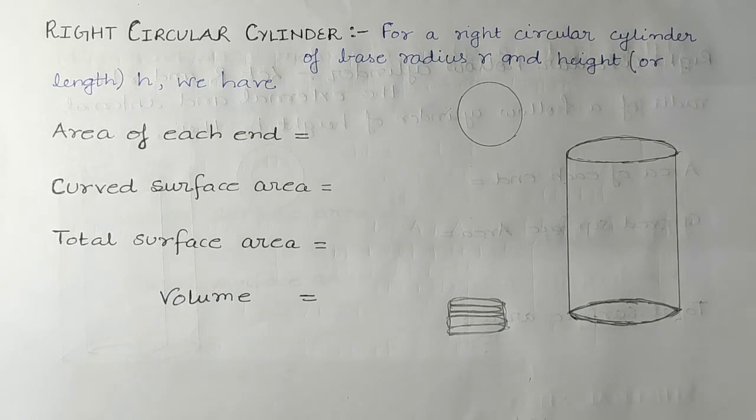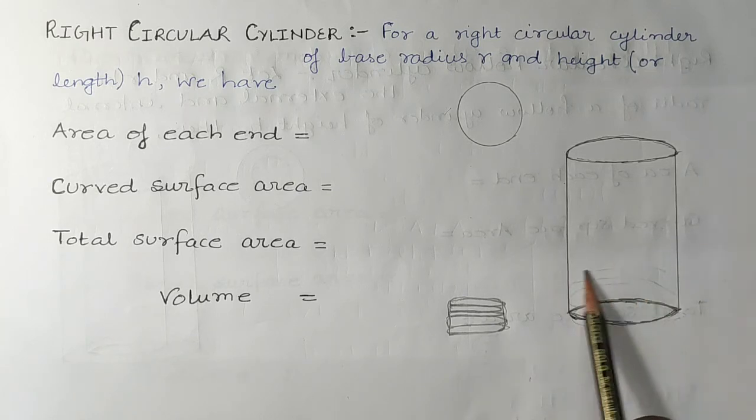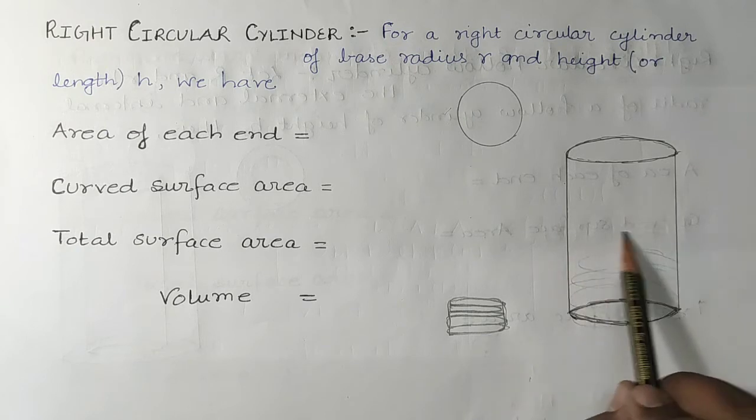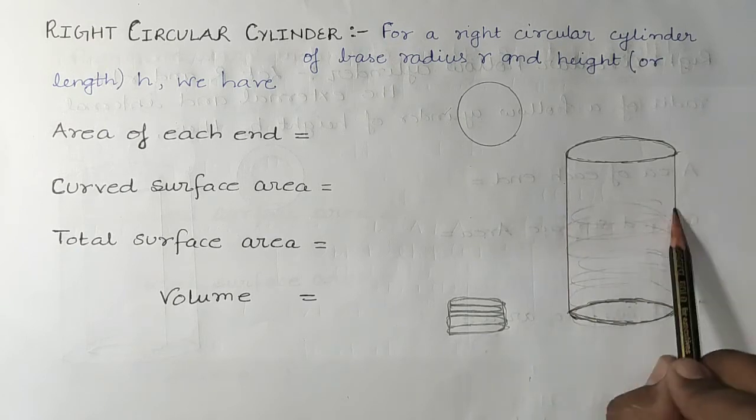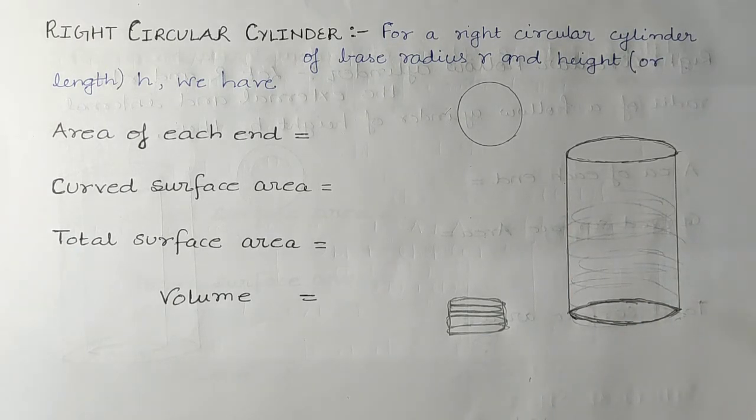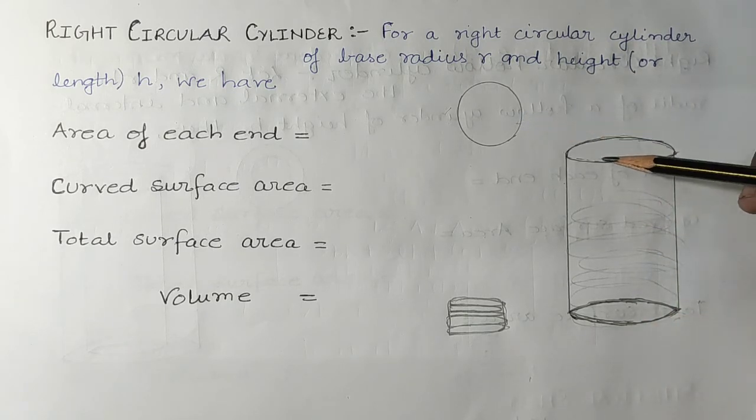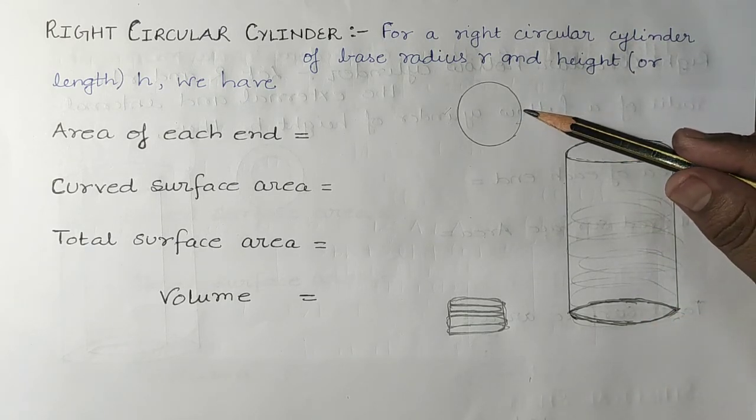So here also this cylinder is made of many circles put over each other. Its base is in the form of a circle and its top is also in the form of a circle.